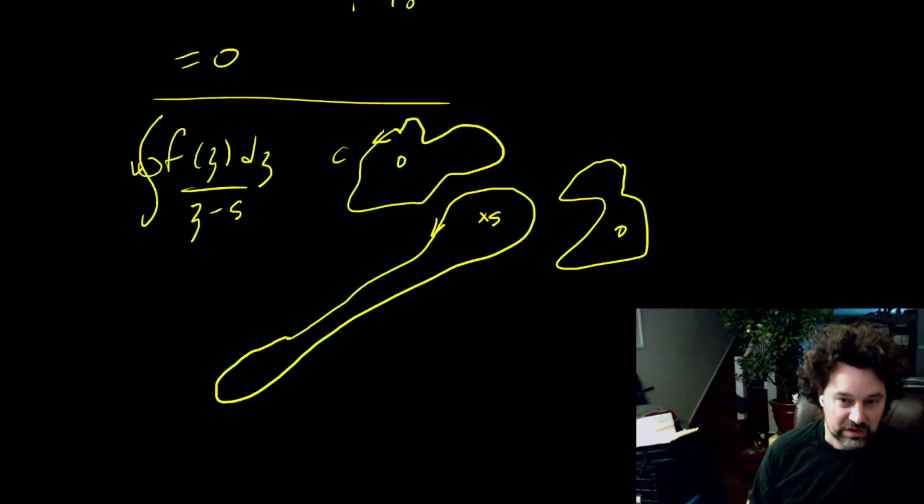So let's suppose that we deform this integral by coming along here, and we come down, we surround s with a circle, and come back along here, and now continue our path.